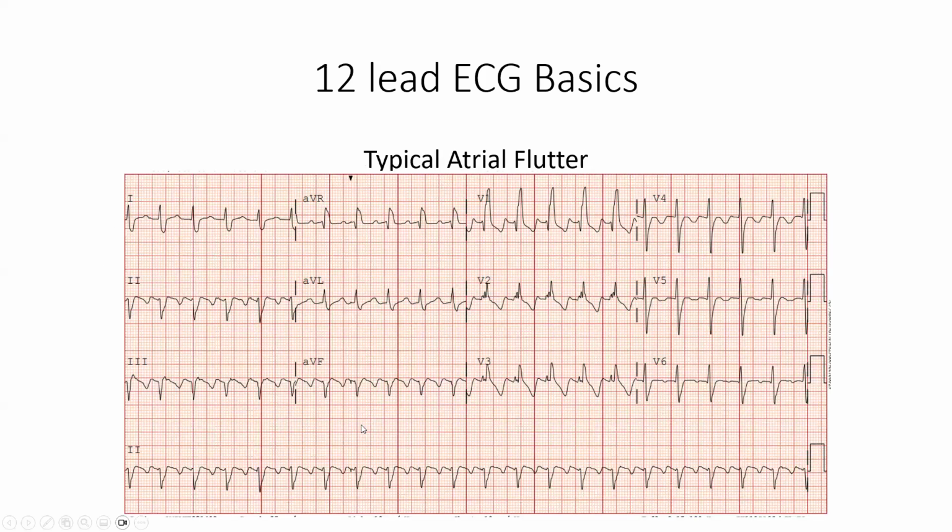And here is classic typical atrial flutter. These are the flutter waves. They're inverted in 2, 3, AVF. They're positive in V1, usually positive in V2, but around V3, V4 is when they start to invert.